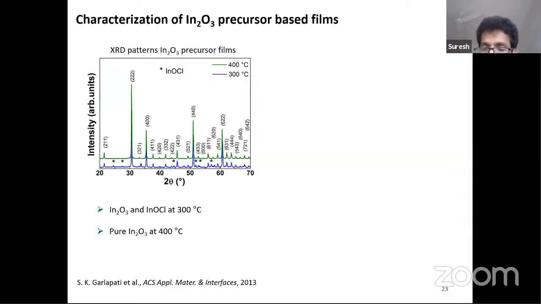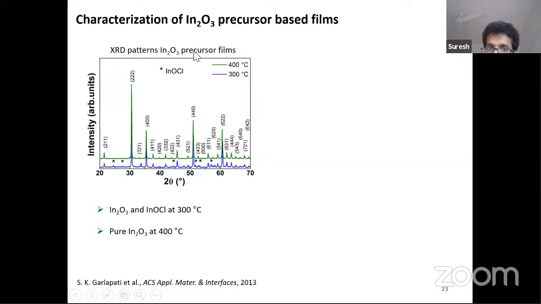So when you have constructive interference, that leads to peaks. That's what you see in the XRD pattern. So this is the intensity versus angle. So these peaks belong to the crystalline nature of the material. So that way you can identify whether the material is crystalline or amorphous, and also what kind of phases are present in that material.